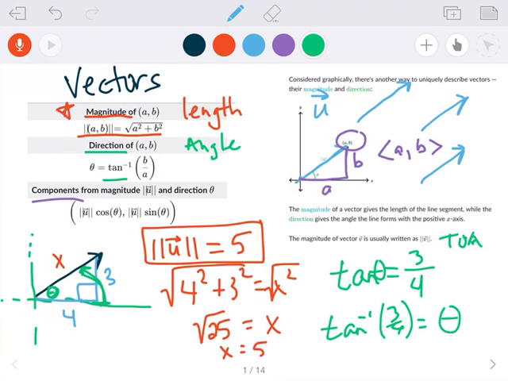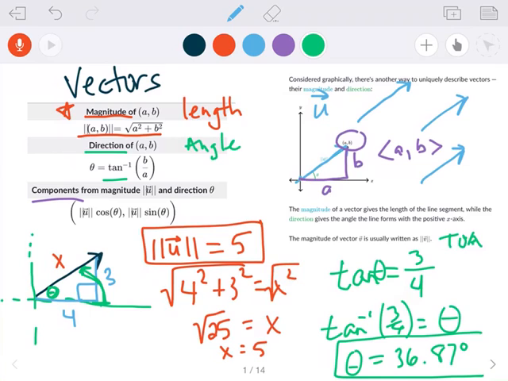And when we put that into our calculator, I believe it was like 36 degrees. So that angle is equal to inverse tangent of 3/4, which is 36.87 degrees.